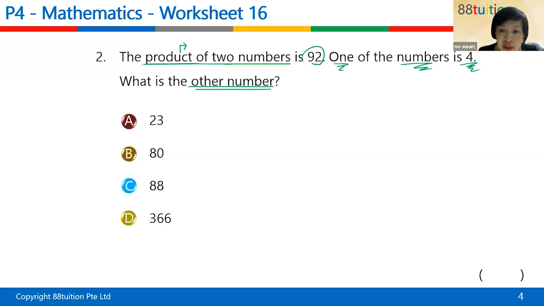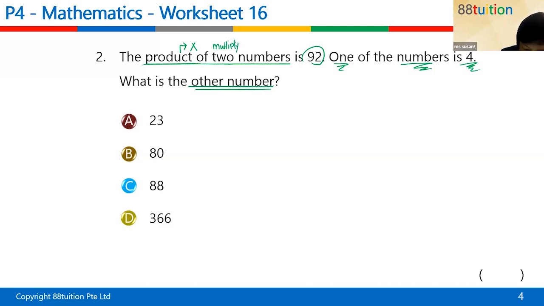Clara, do you know what is the meaning of product in this statement? Sorry, Clara, what did you say? Times. Oh, Clara says times. Product means multiply. Very good. Wow, that's a good response.